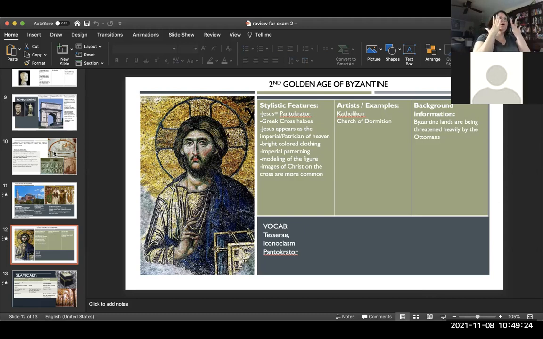A lot of times Christian manuscript illuminations would tell a story in the illumination, and so you'd see lots of people in those illuminations, whereas Islamic manuscript illuminations weren't allowed to have people in them, and so they're just calligraphy. We didn't really cover that one hard, so you might get one question on the exam, but it's not going to be a major concept. Okay, well, thank you. You are welcome.